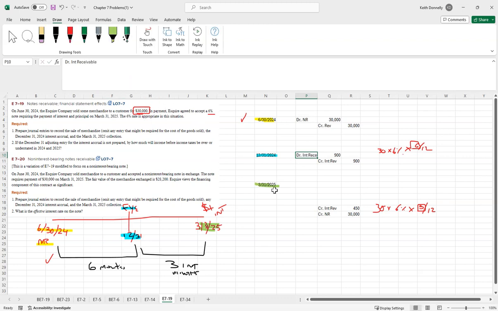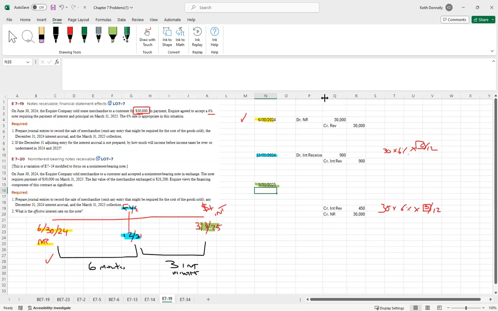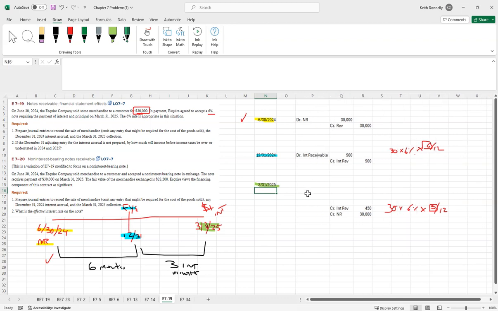Not a big deal there. So they're going to give us the cash, and we got to get the receivable off the book, because we teed it up. Now we're going to get it off for 900.